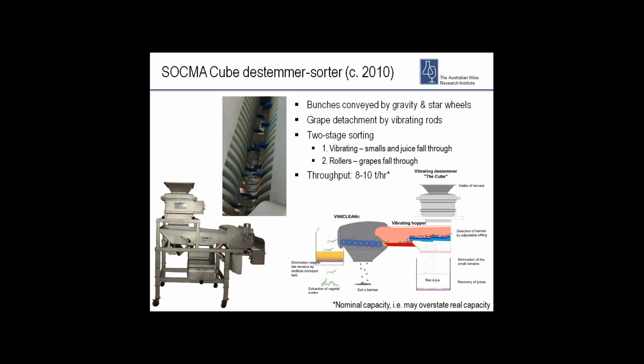Underneath the destemming chamber, the detached grapes fall out with the stems on top of them. There's then a vibrating screen section where juice and small materials pass through, and then this is followed by a roller sorting section with larger gaps where the grapes fall through, just like the second stage of the Pellenc sorting system.